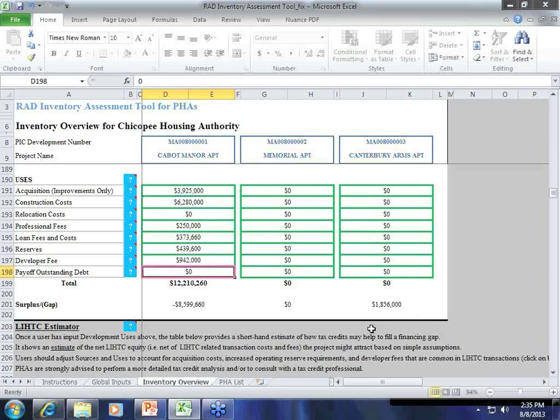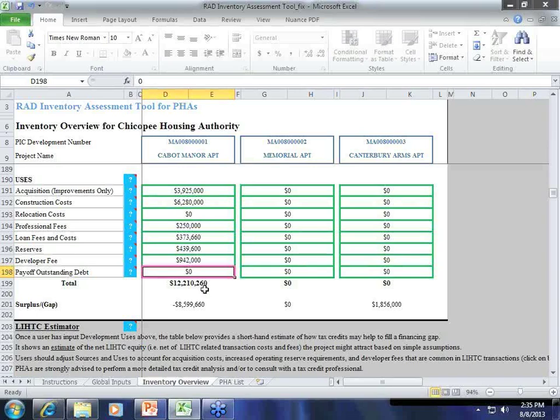Because on a tax credit deal, as far as the RAD rules are concerned, you can take a 15% developer fee. Okay, thanks. And we assumed then that there is no payoff of outstanding debt, but if you have, just remember, if you have either an EPC or a CFFP loan, you need to call us and we need to talk you through how to pay those off as part of the financing.